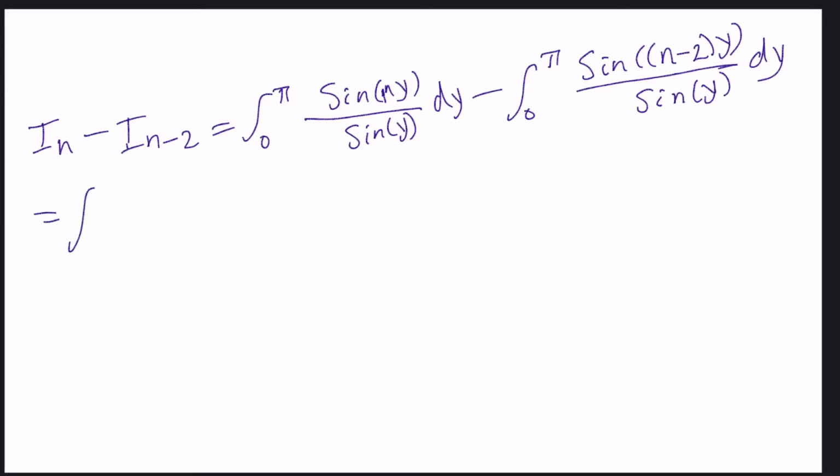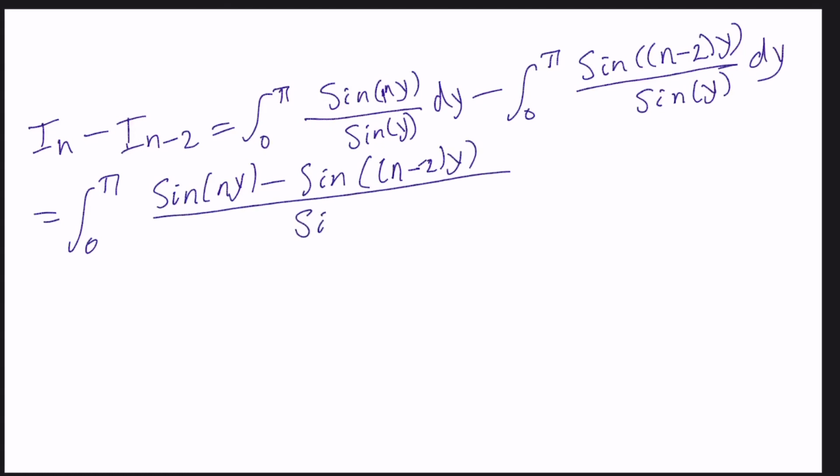Okay, here we will have the integral from 0 to pi of, again, we can join this expression because they have the same limits of integration, sine of (n minus 2) y, and the same denominator, so it helps a lot.